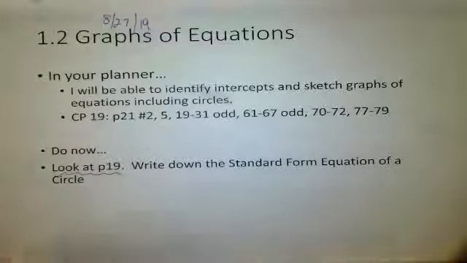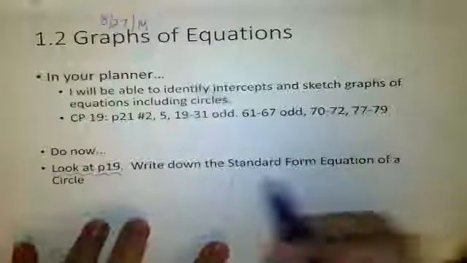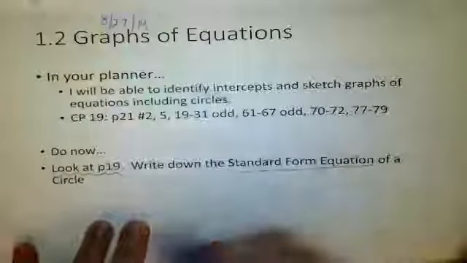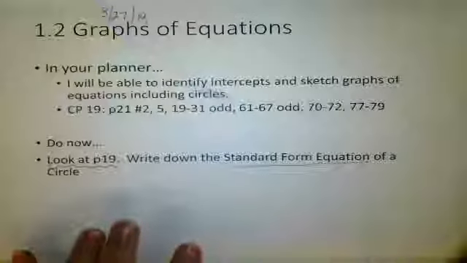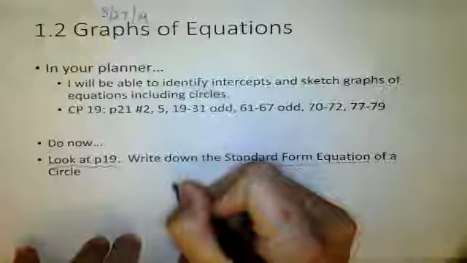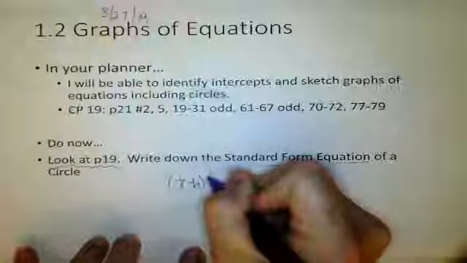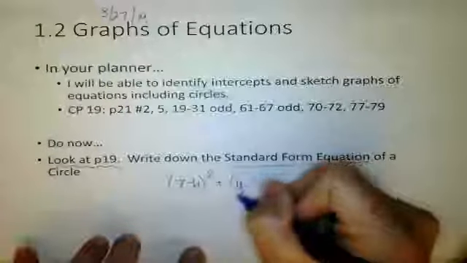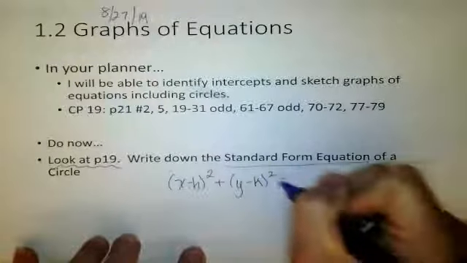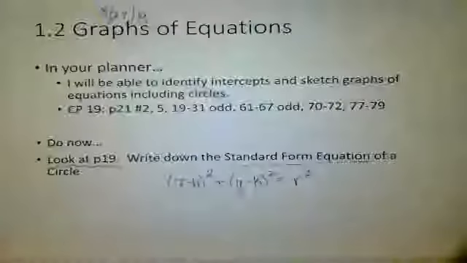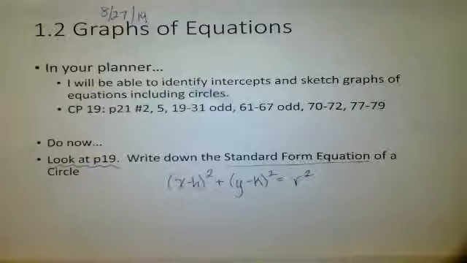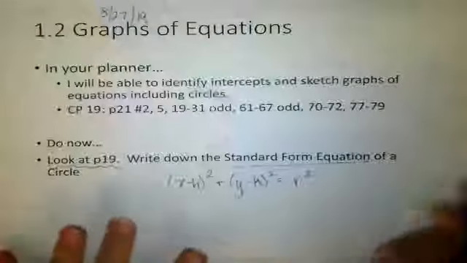All right, so I asked you to find the standard form equation of a circle. On page 19, what does it say the standard form equation of a circle is? (x minus h) squared plus (y minus k) squared equals r squared. Good. Now, it's not enough to just understand the form. You have to know what all the letters represent.